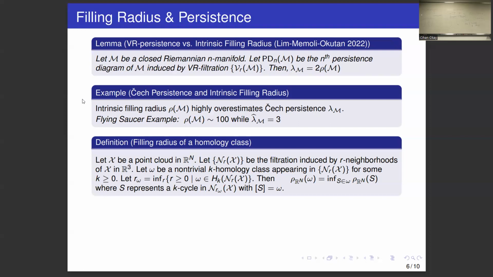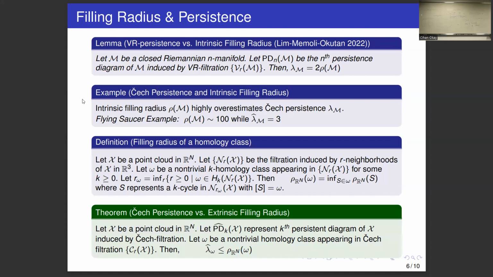In this filtration, in this N_r(X), I have a sequence of increasing balls. I see a homology class somewhere the first time. At the birth time of this homology class, I am looking at all the k-cycles, and then the smallest filling radius will be exactly the filling radius of the homology class. This is the definition I am using.